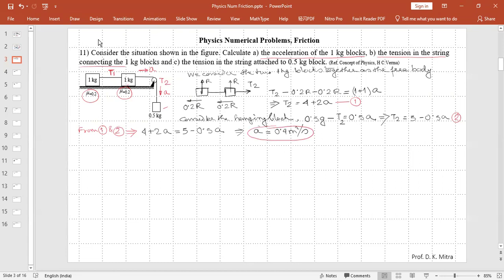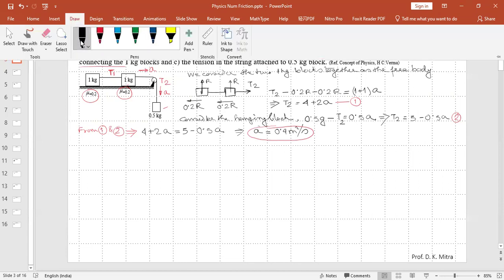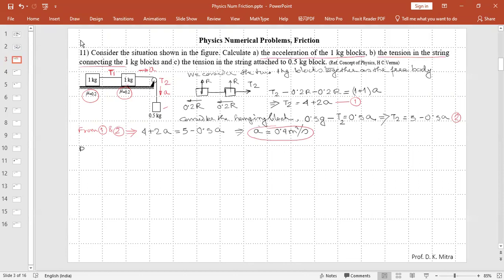Now you can put this value in anywhere. Say, now you put the value of A in equation 1 or in equation 2; you will get the same answer.